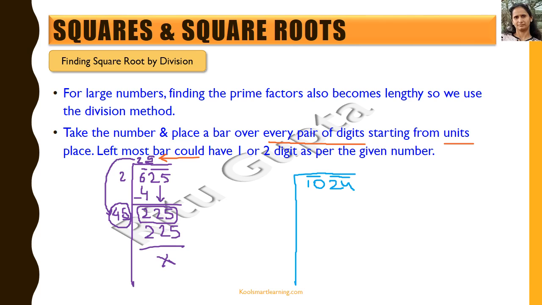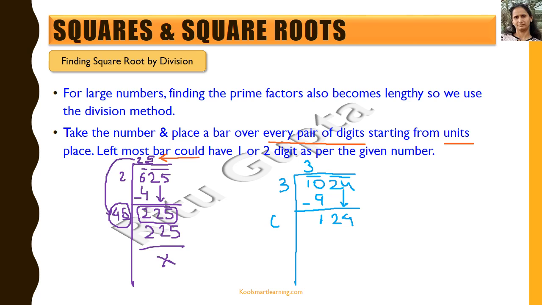The number whose square is just less than 10 is 3, because 3 square is 9, and if we take 4 square it becomes more than 10. So we'll take 3 in this case, and we'll put 9 below 10 and subtract it. So this becomes 1. And again, as in the previous example, we'll bring the 24 down.